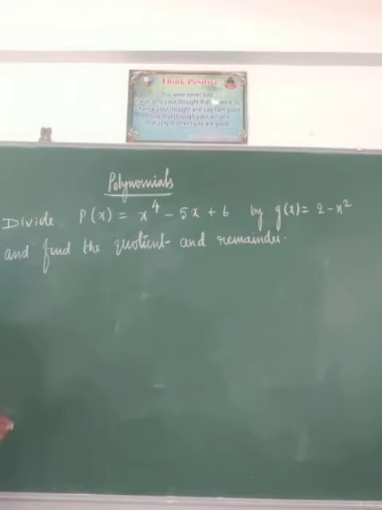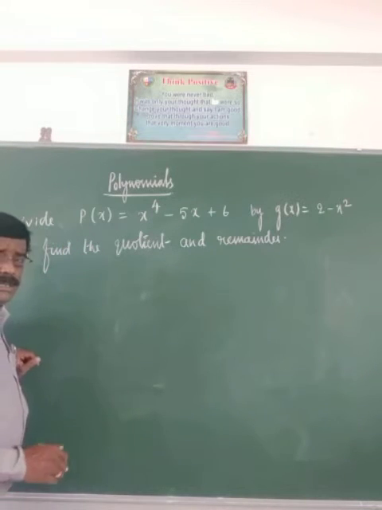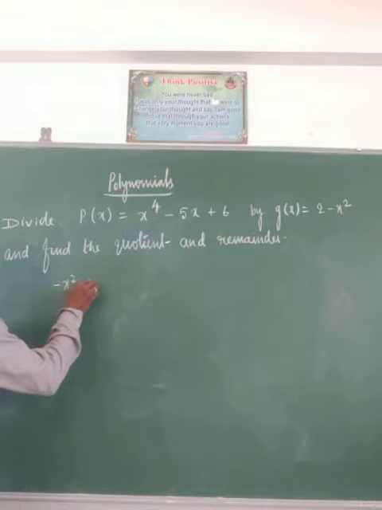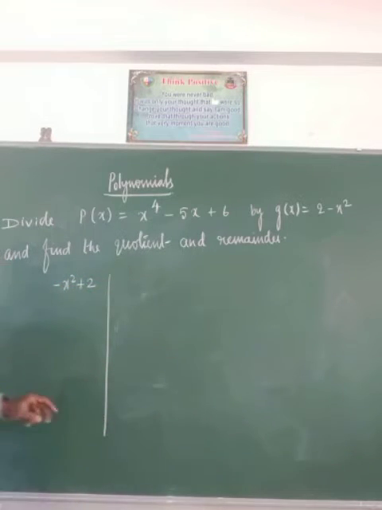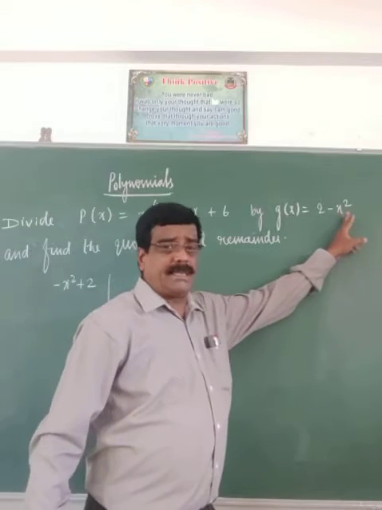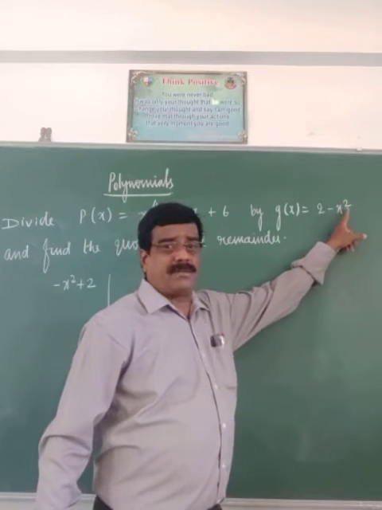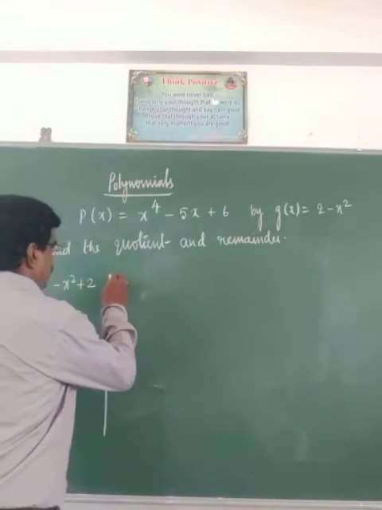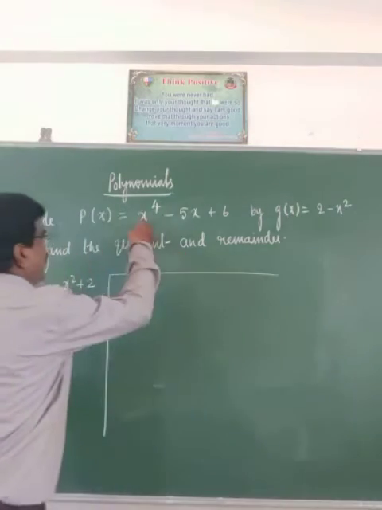And here, see, 2 minus x square is the g of x. So you have to write minus x square first, then 2. See children, here 2 minus x square is given. Write minus x square and this 2 as plus 2. Then write like this, x to the power of 4.